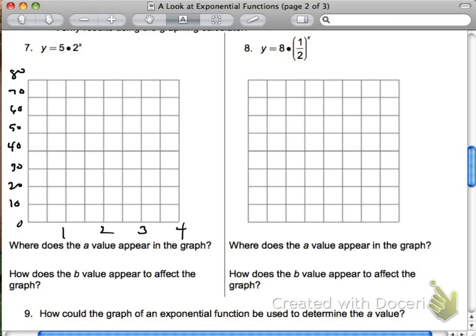When x was 0, what was y on our first function? 5. When x is 1, y is 10. When x is 2, y is 20. X is 3, y is 40. X is 4, y is 80. So here's our function.